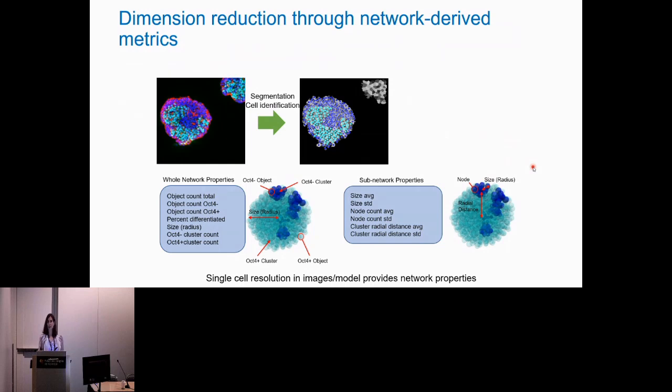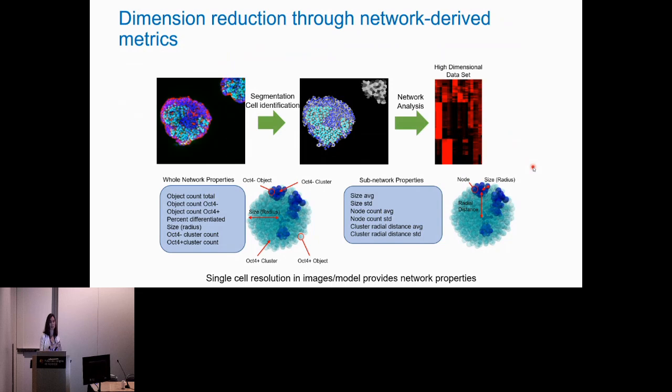We can look at the size of those clusters and how they are radially positioned within the aggregate, in various membership criteria. The nice thing is that the dimension reduction then becomes going from this network analysis of a high dimensional data set into a lower dimensional one that captures features of both micro and more macroscopic level organization that can be compared to model simulations.